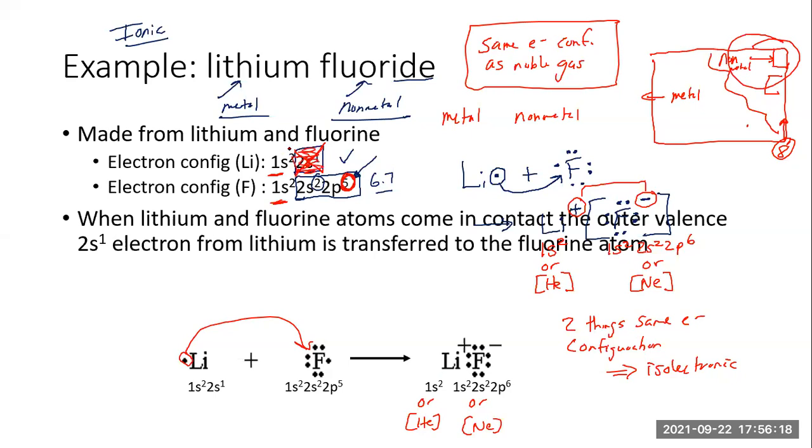Which is why it ends up on the other side with a positive charge and really only 2 electrons left at that point. And the fluorine actually gains the electron and puts it right there in the P subshell. And that's how come it becomes negative. That's why I was saying earlier that things really don't have charges until this process occurs. That's when they gain their charges, in this particular case, through a transfer of electrons.